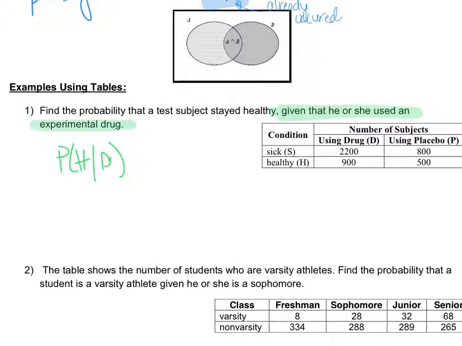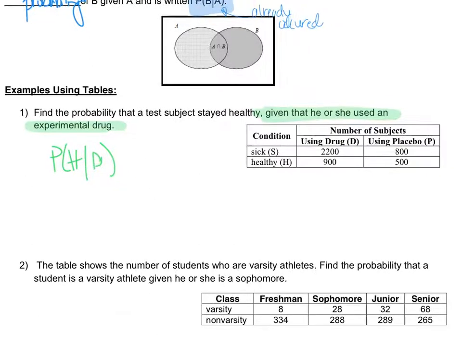We have all these test subjects over here to the right, and we're going to be able to cut that list down in the sense that we already know they used the experimental drug. So we're only now looking at this group instead of all of the test subjects.